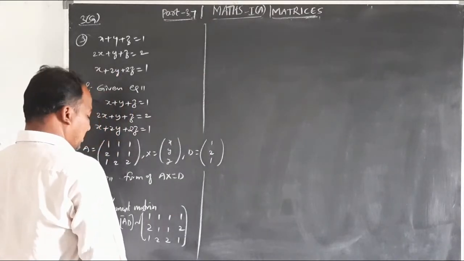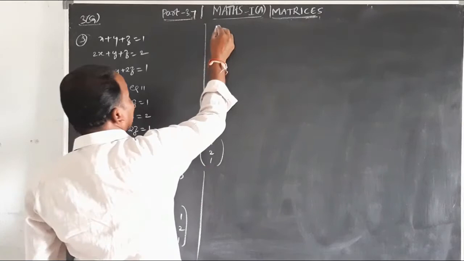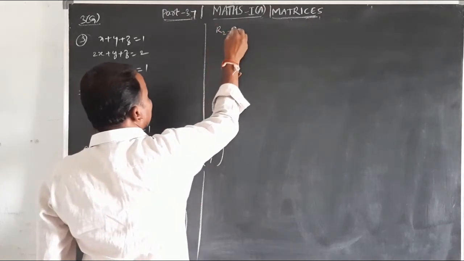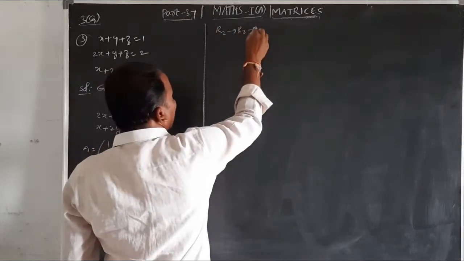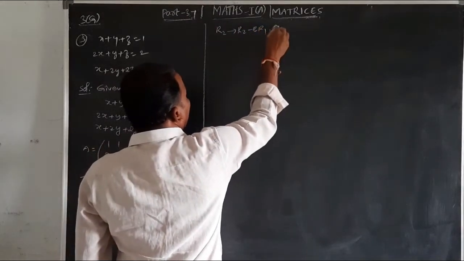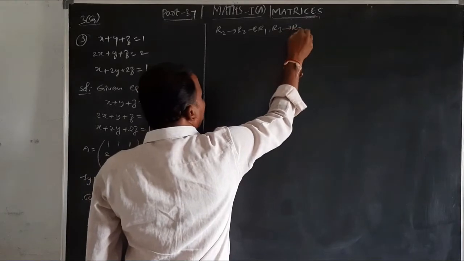Convert the augmented matrix into an upper triangular matrix by using R1. R2 tends to R2 minus 2R1, R3 tends to R3 minus R1.